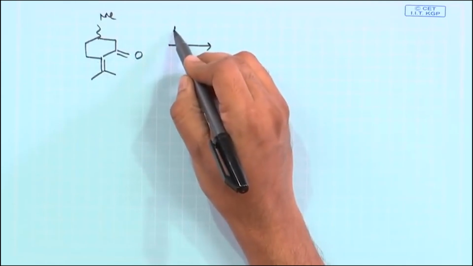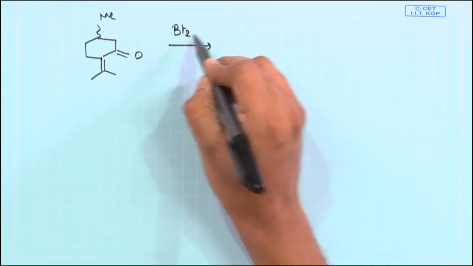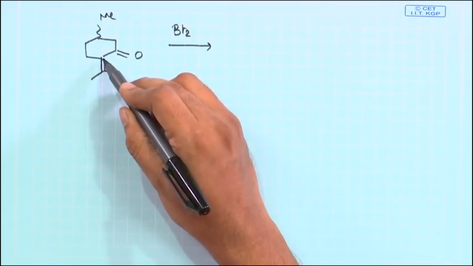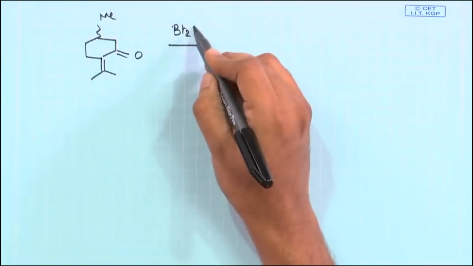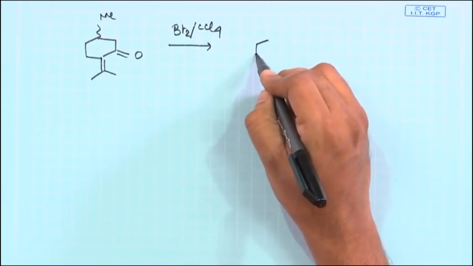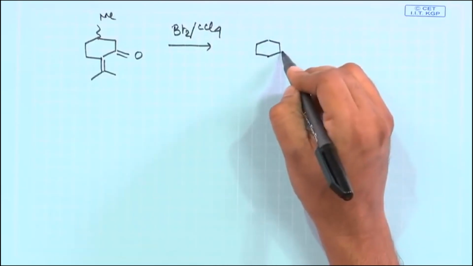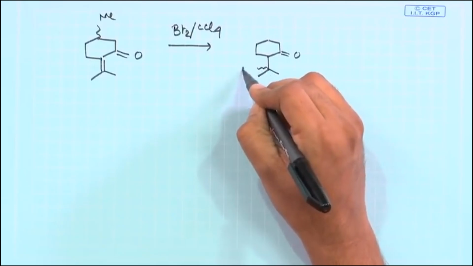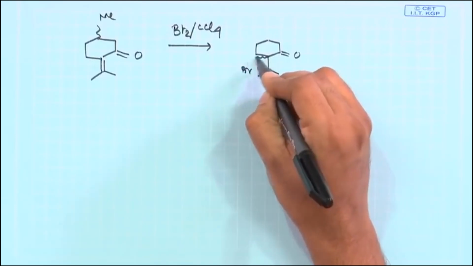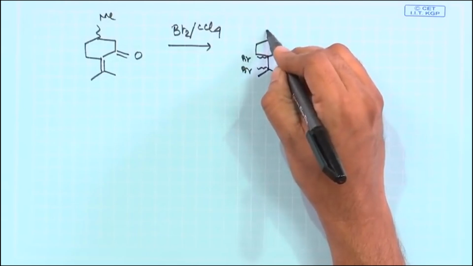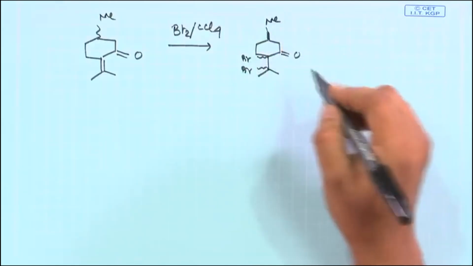So first we do an electrophilic bromination by treating this compound, as this compound has an olefinic unsaturation. The electrophilic bromination, bromine in carbon tetrachloride, very standard textbook condition, and then what will you get? You get a bromo here, you get a bromo here, dibromination. The remaining part will be the same.